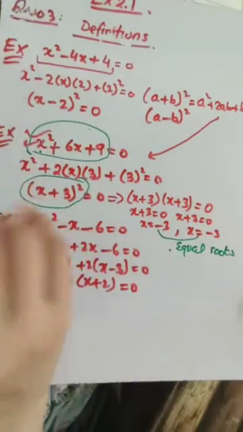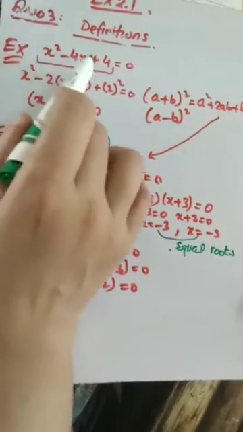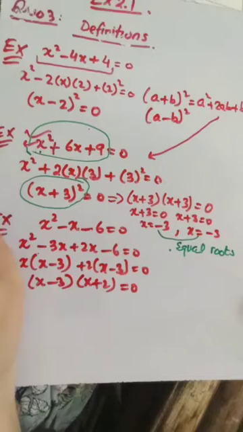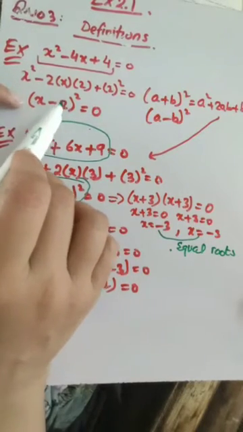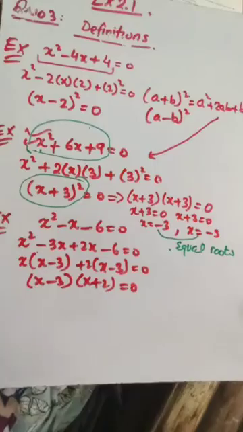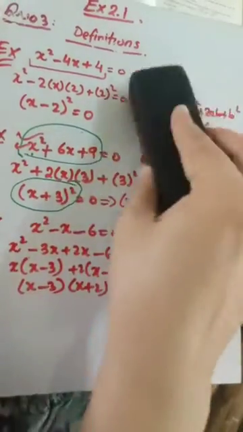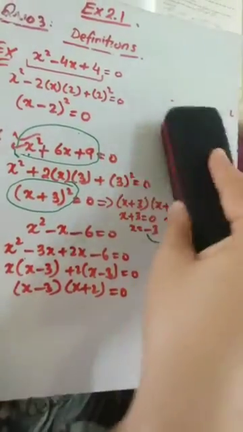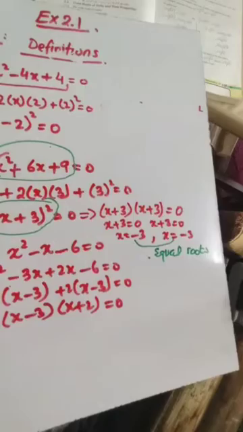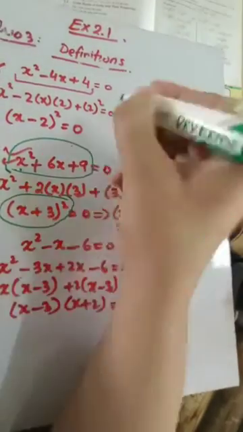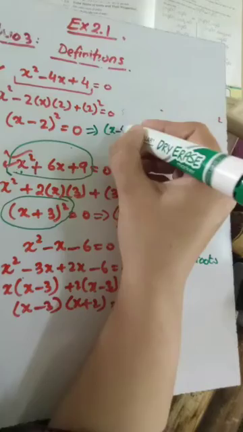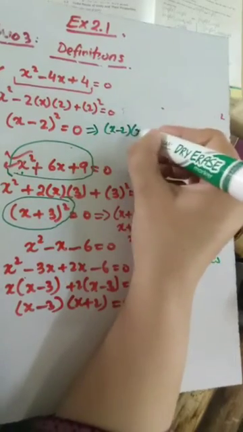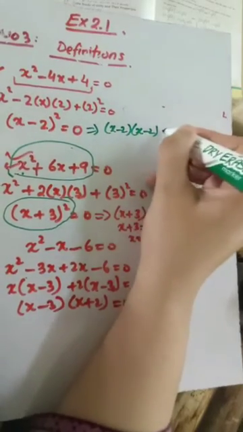Similarly, x square minus 4x plus 4 is equal to 0. When I factorize it, we get x minus 2 whole square. And if I solve this equation further, I am again going to get two equal roots. x minus 2 whole square means x minus 2 is multiplied twice with itself.